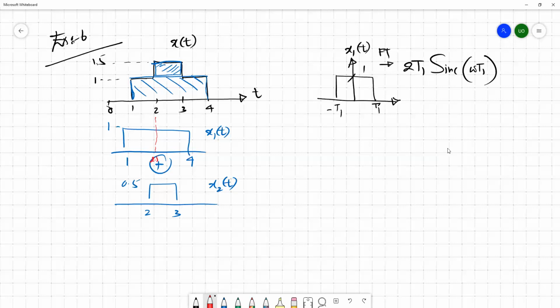So this is actually shifted to 2.5, and in this case t1 is actually 1.5.